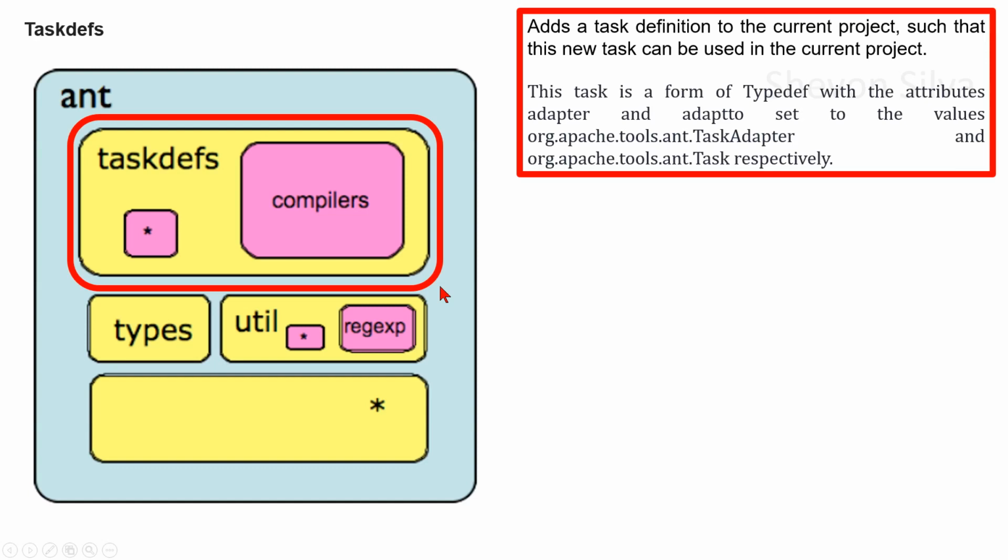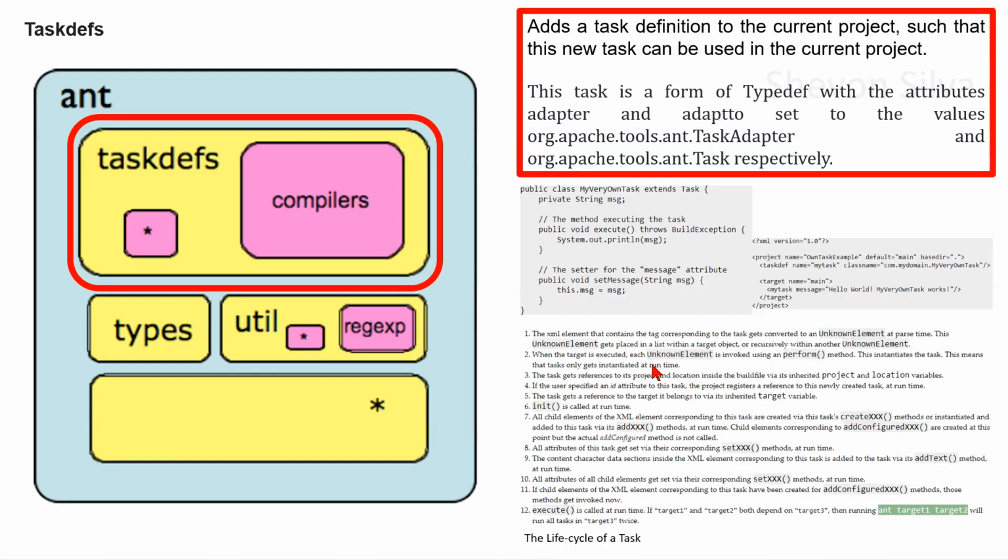This task is a form of typedef with the attributes adapter and adaptto set to the values org.apache.tools.ant.TaskAdapter and org.apache.tools.ant.Task respectively. Now we are considering the life cycle of a task.